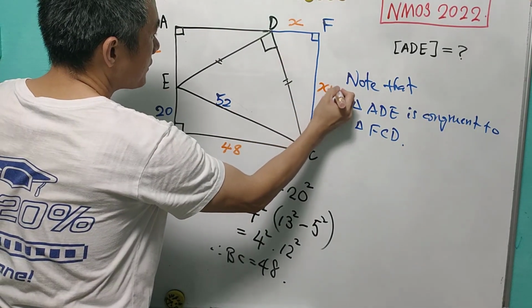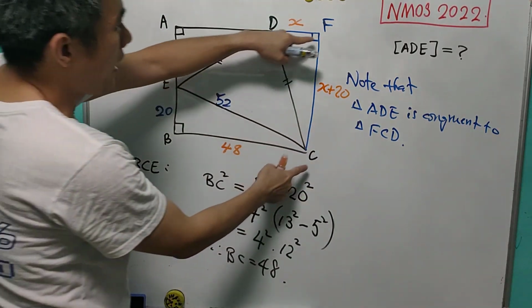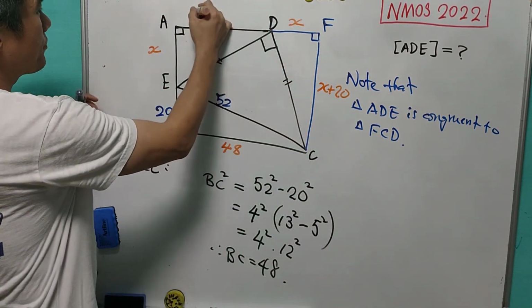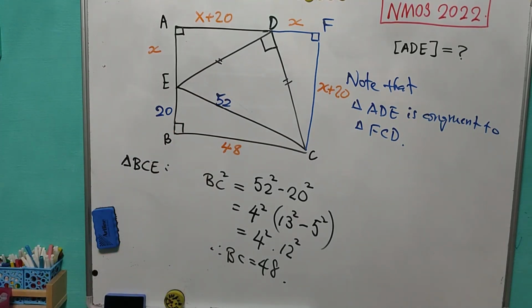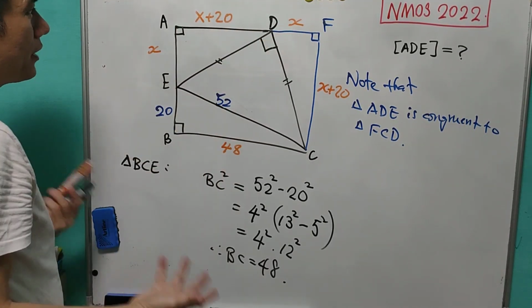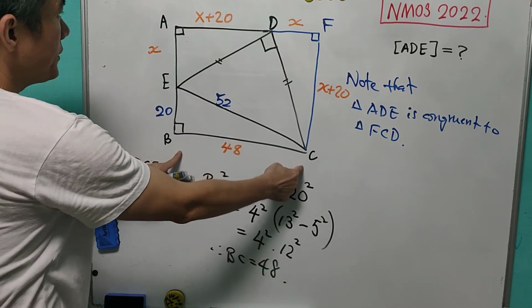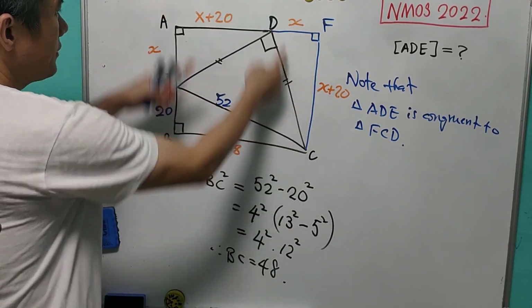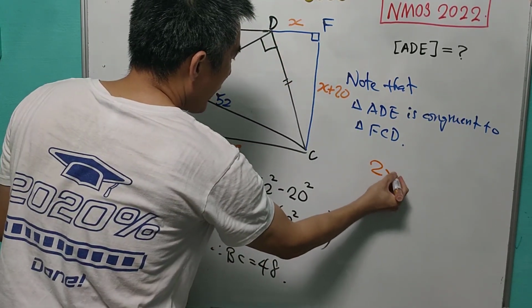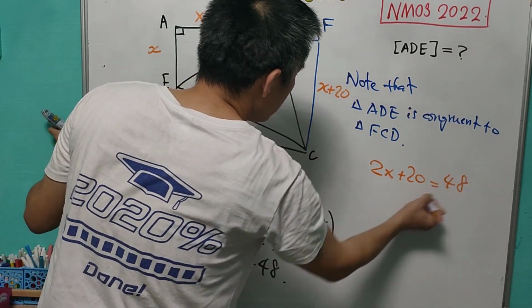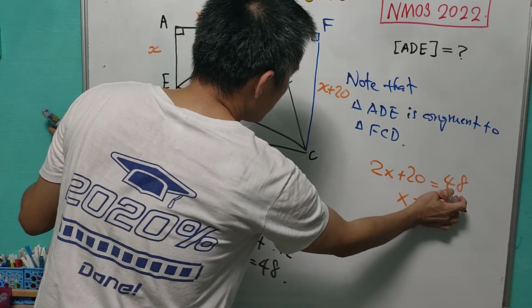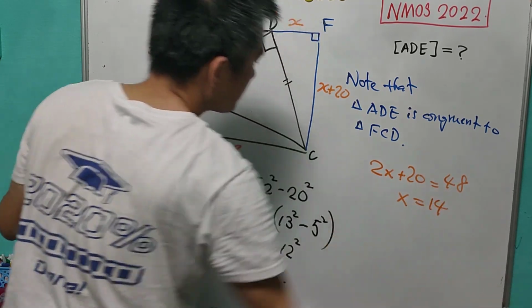And since FC equals AD, this will be X plus 20. So with this, we can form a simple equation for BC and AF. Since they are the same, 2X plus 20 equals 48, and therefore X is equal to 14.